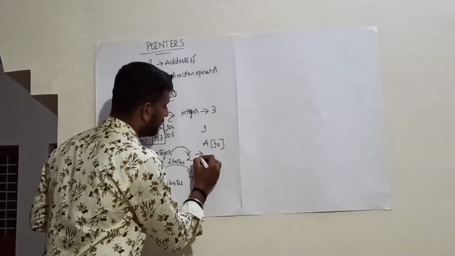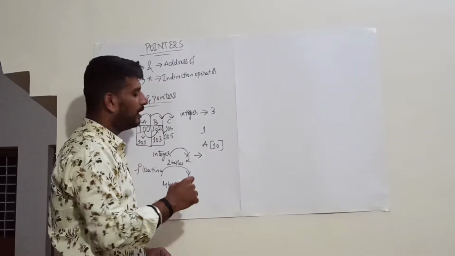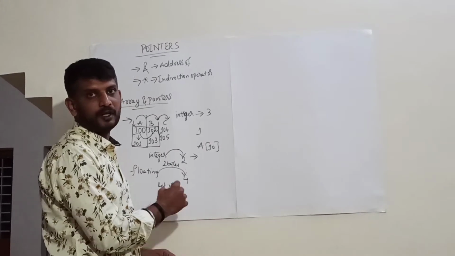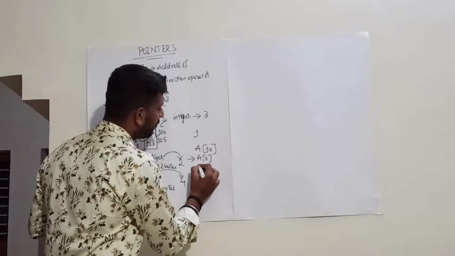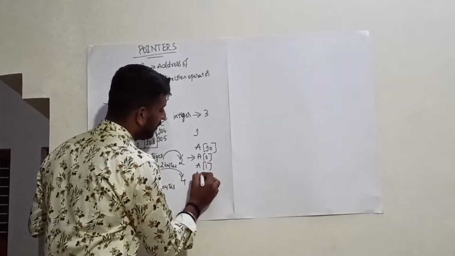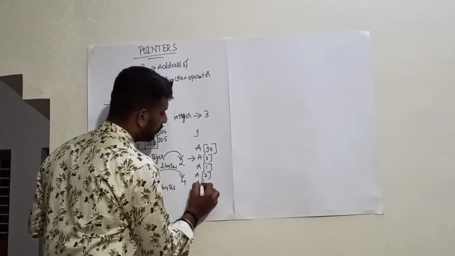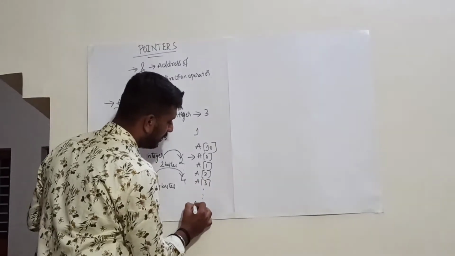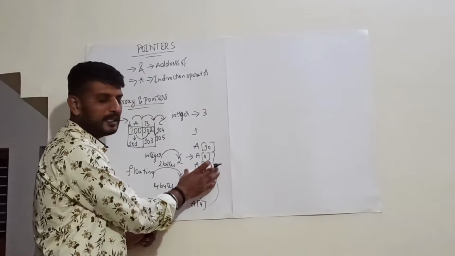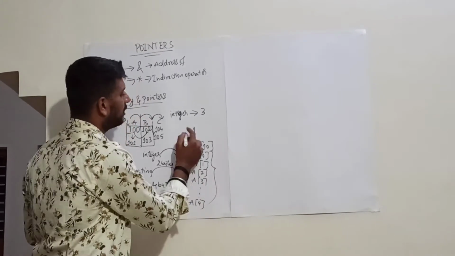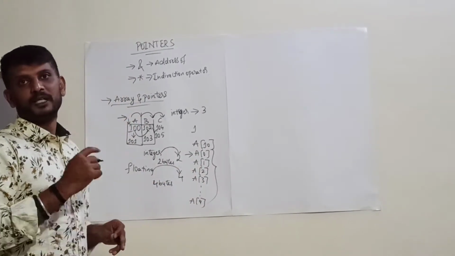At that time you need not make use of 10 pointers to store the address of all the 10 variables. It will be like a of 0, a of 1, a of 2, and so on till a of 9. So you have 10 variables. For storing their addresses, you don't want 10 pointers.